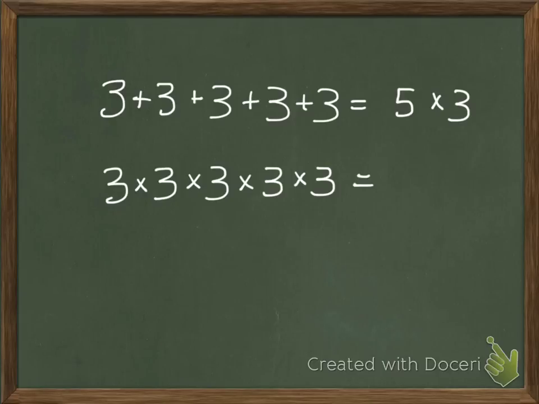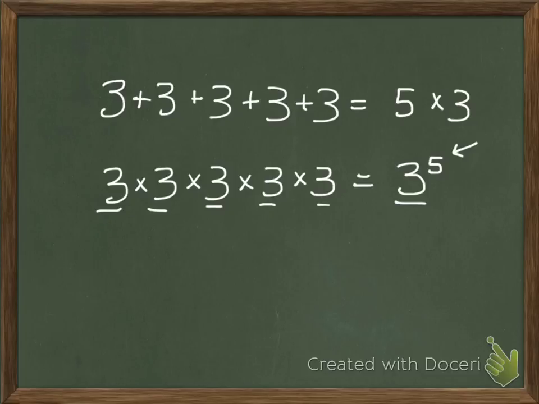So if I have 3 times 3 times 3 times 3 times 3, 5 times, I can write that with a shortcut, 3 to the 5th power. So I've got 3 used as a factor 5 times, and I write that as 3 to the 5th.